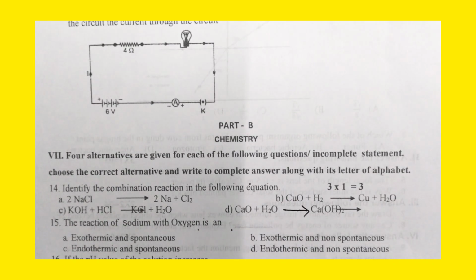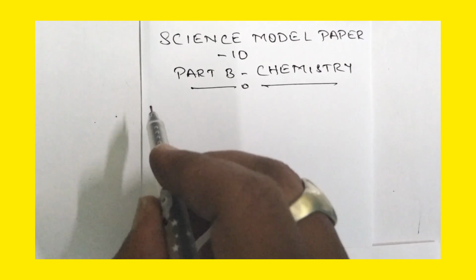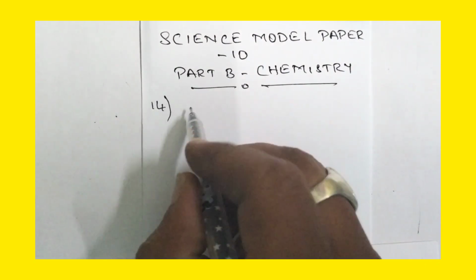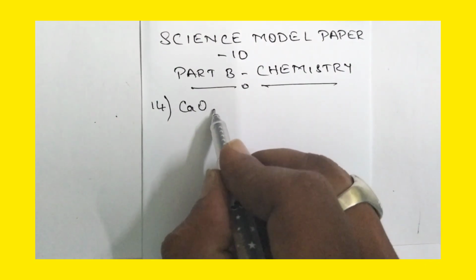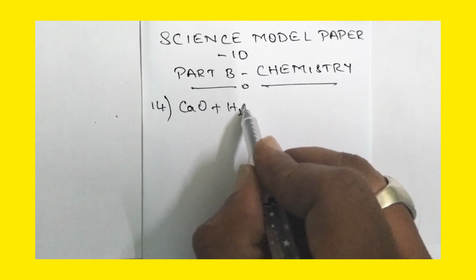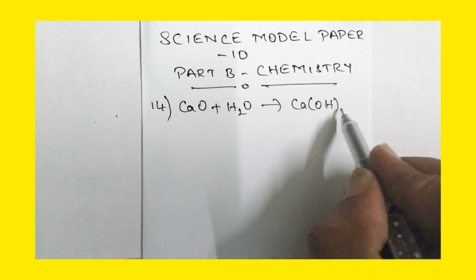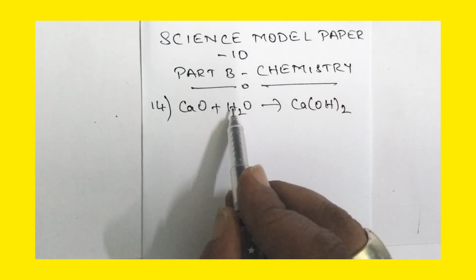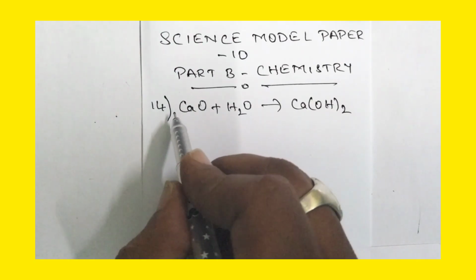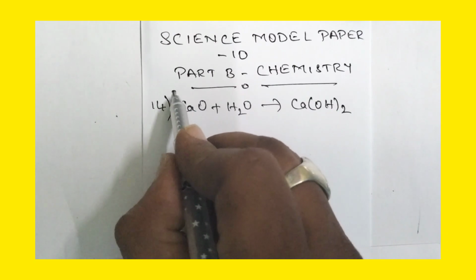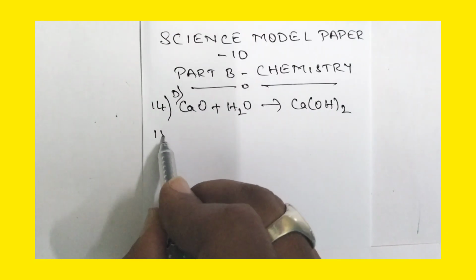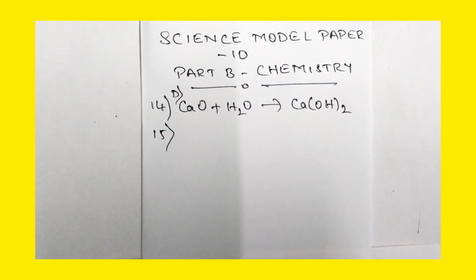The right answer is CaO plus H2O gives Ca(OH)2. Therefore, for the 14th question, the right answer is option D.